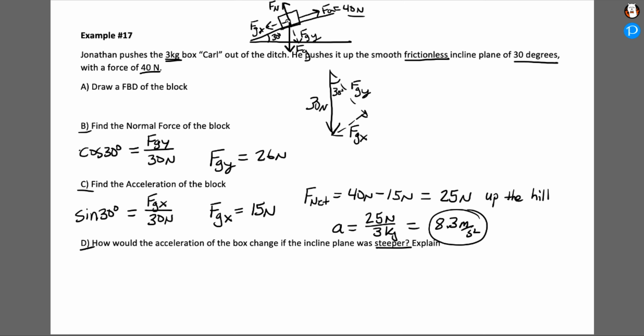Because if I increase this angle, what I'm actually doing is making this component of the force of gravity bigger, wouldn't I? This force here would get bigger and bigger, and that force is what's working against this 40 newtons, and so my net force would get smaller and smaller, wouldn't it? And so what we could say here is that the acceleration would decrease.